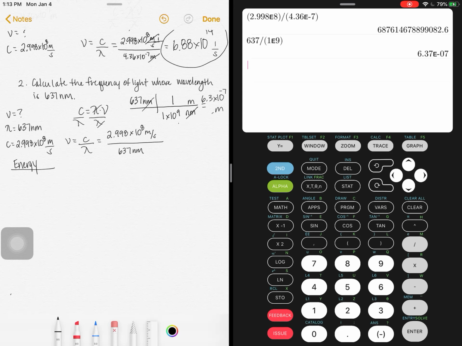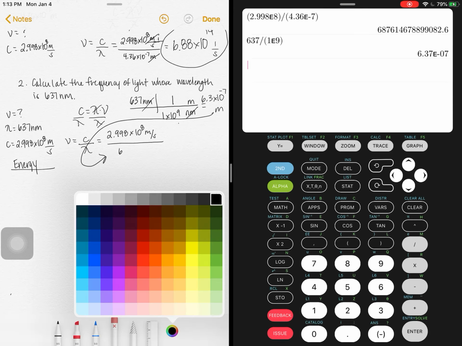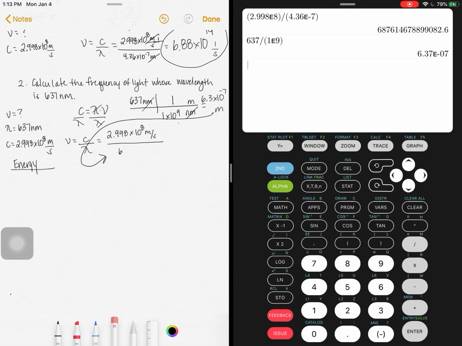Now, since I have that number in meters, I can come down here and plug it back in. Oh, I missed the 7, guys. 6.37, sorry. Let's take notice of my units. My meters cancel. Left with 1 over seconds again. Okay, let's do my math.